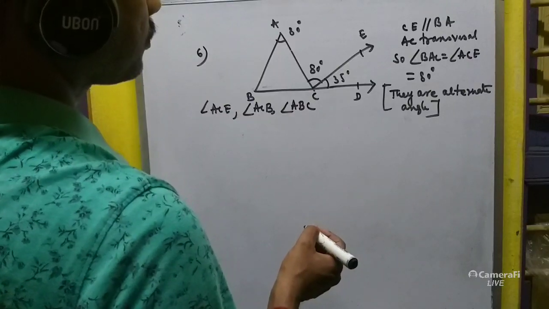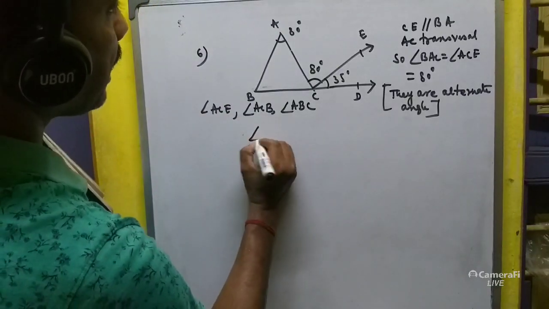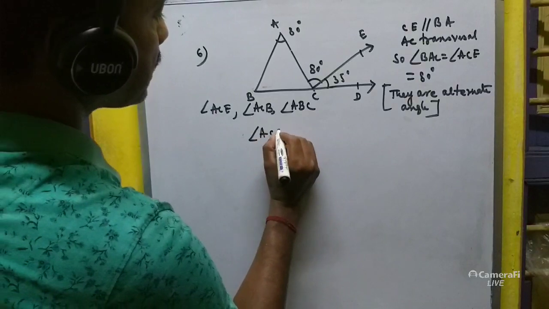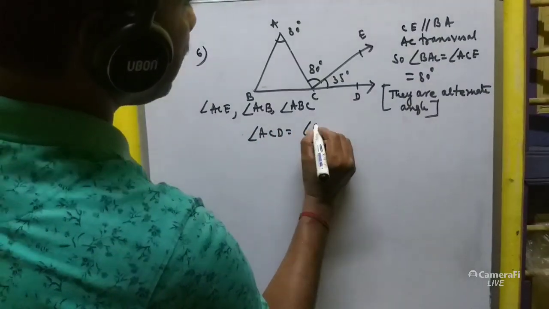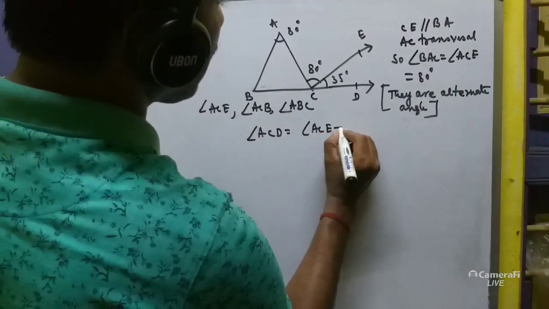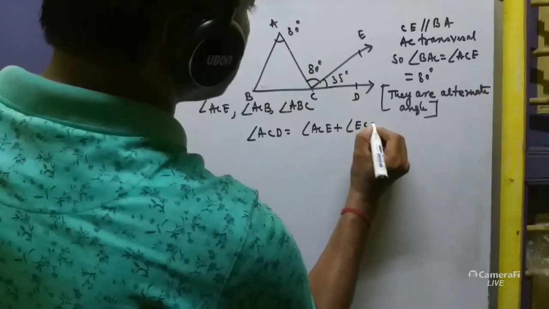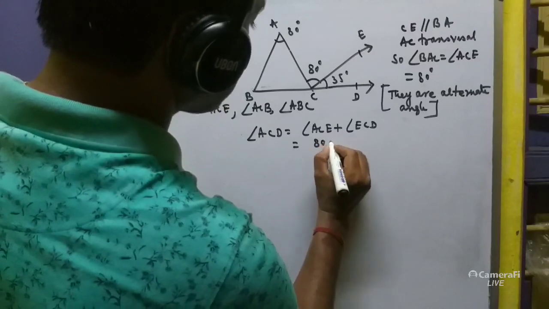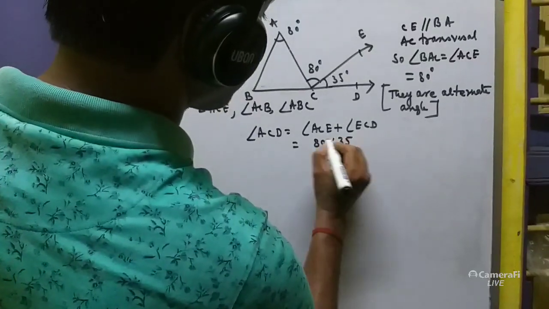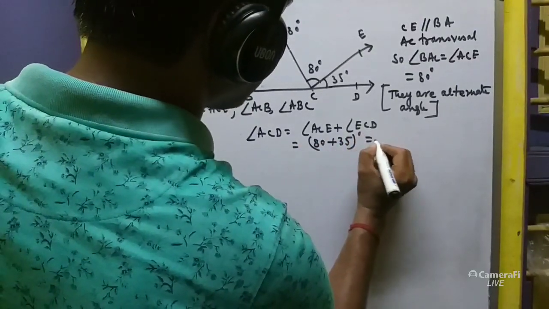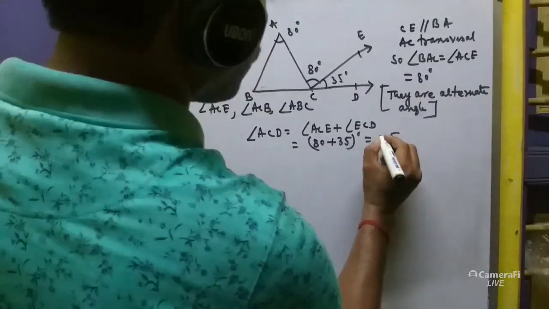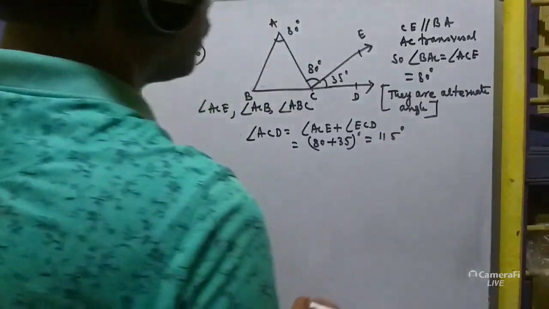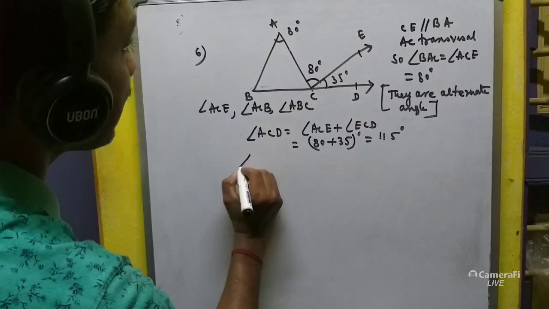Now find out angle ACD. ACD is sum of ACE plus ECD. ECD is given 35. So now add it, 80 plus 35. So how much do you get? 115 degree.